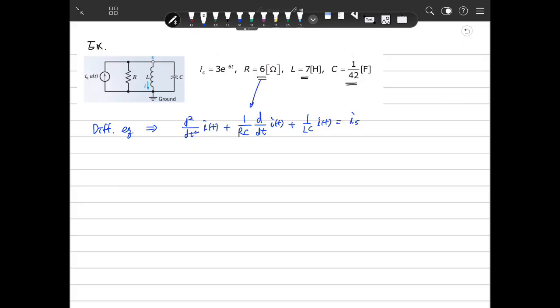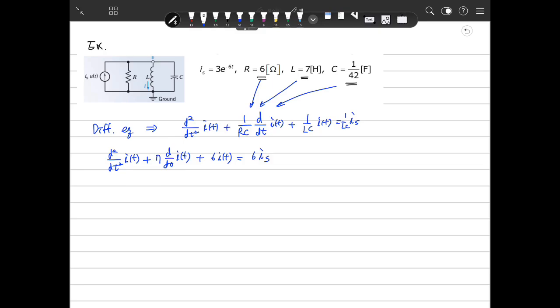So we apply these parameters here, and here, and here. Then d squared i plus 7 di/dt plus 6i will be 1 over LC times IS. I'm sorry, 6 IS.